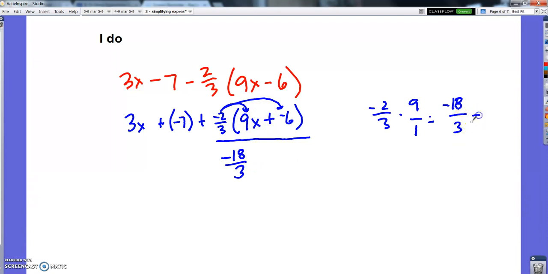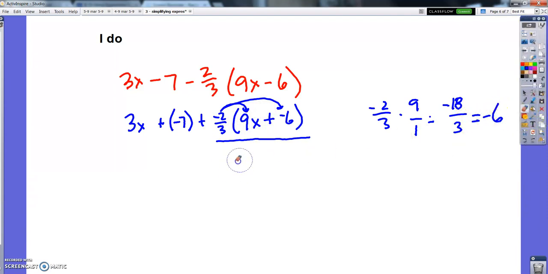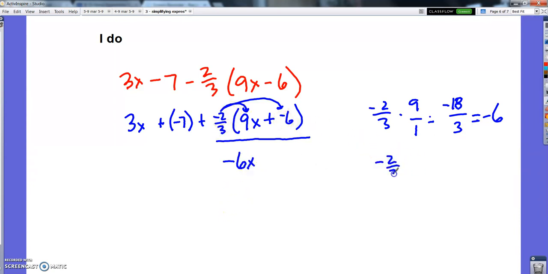That's how many x's I have. Oh, I can make that, that's just negative 6, right? That's going to be neater to write. So I have negative 6x, and then negative 2/3 times negative 6 is positive 12/3, which is 4.